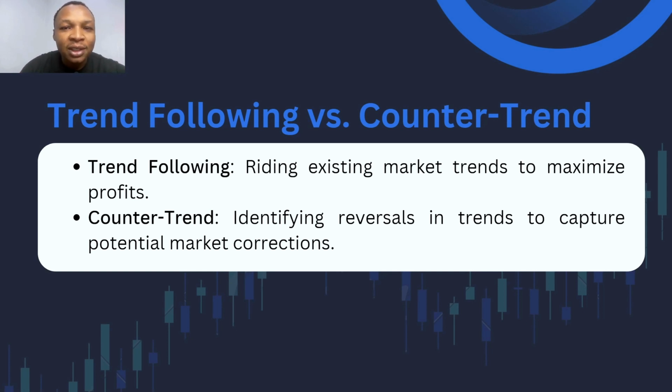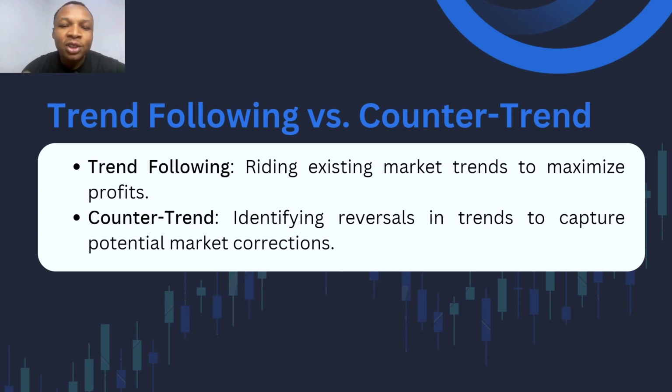And lastly, every strategy is either trend following or a counter trend strategy. So it should be indicative in that strategy if it's a trend following strategy or if it's a counter trending strategy. A trend following strategy is a strategy that teaches you to ride on existing market trends and maximize profits. So when the strategy is teaching you to follow the trend, it's a trend following strategy.